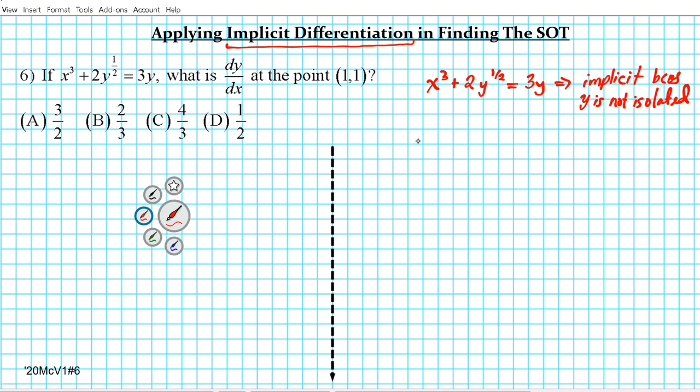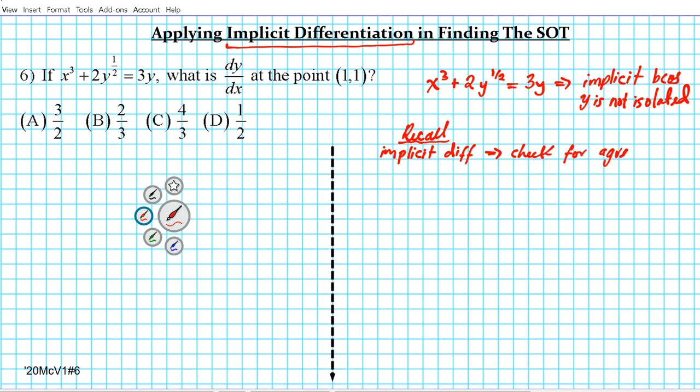One thing that is really important to keep in mind when you are differentiating implicitly is to check for agreement. What does that mean? You look at what you're differentiating with respect to.